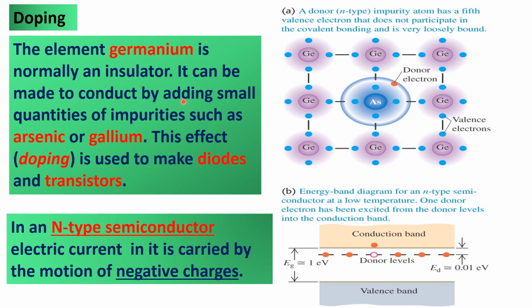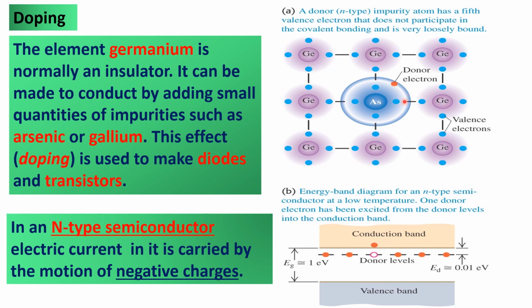What if the element germanium is doped with an impurity such as arsenic? In this diagram, the impurity arsenic, which has 5 valence electrons, is used as a doping material for germanium. We notice that there is an extra electron that is not paired with an electron of germanium.